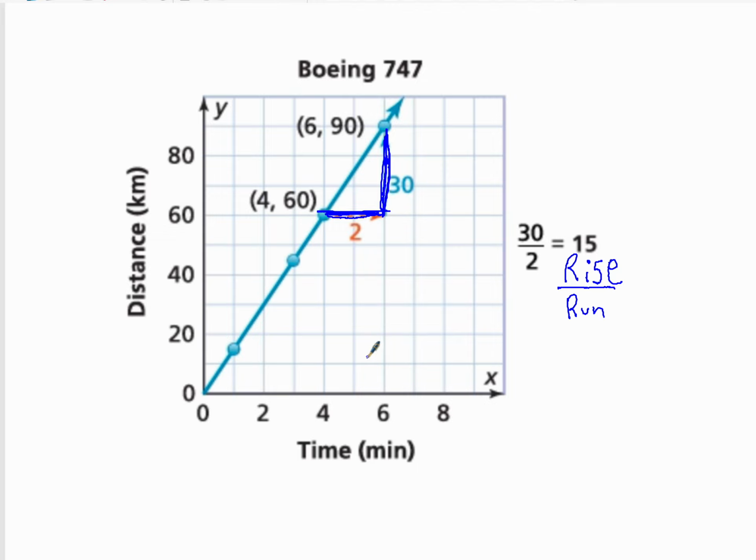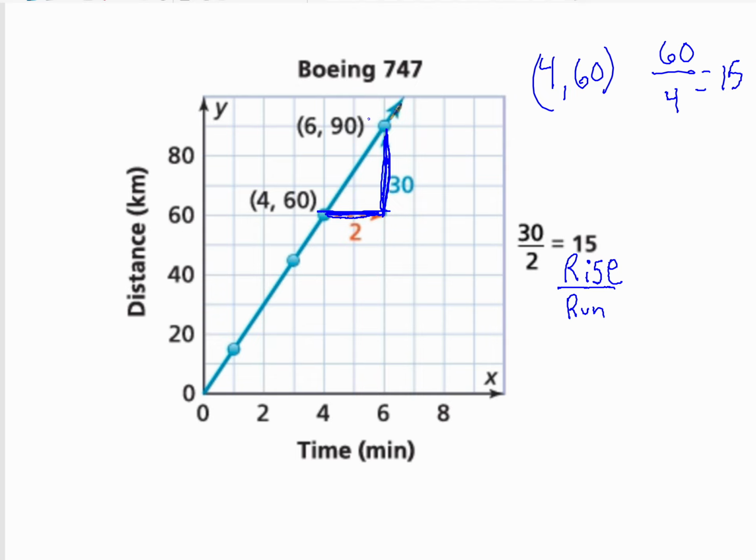Okay, but look what's cool about this also. What if I had just taken the ordered pair 4, comma 60, and what if I just put the y value over the x value? What is 60 over 4? 15.